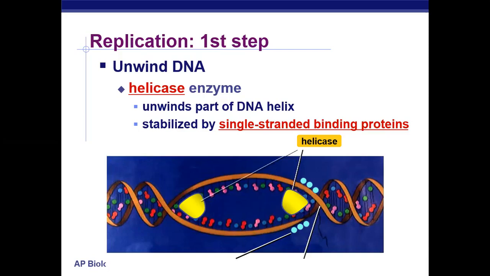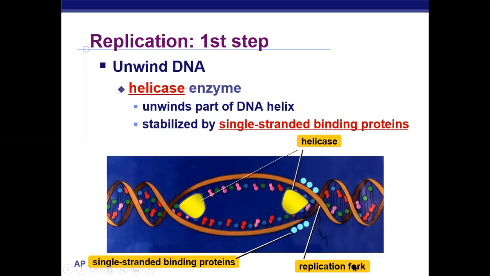So we use SSBPs, also known as single-stranded binding proteins, to stabilize the unwound parent template strands. And these are indicated by these little blue dots on either side, and they will have to be on both strands to keep stabilized. The point between unwound DNA and still wound DNA is called the replication fork.